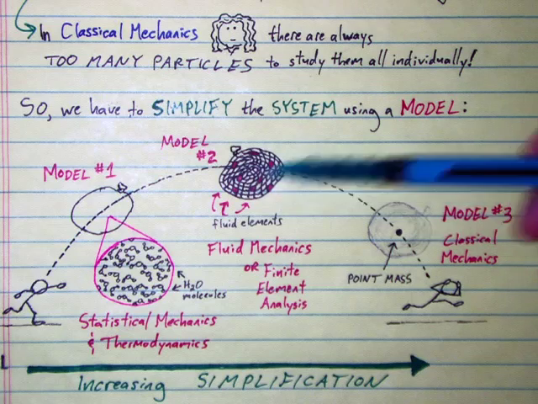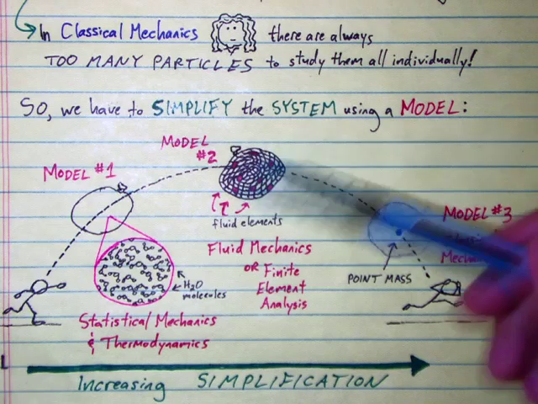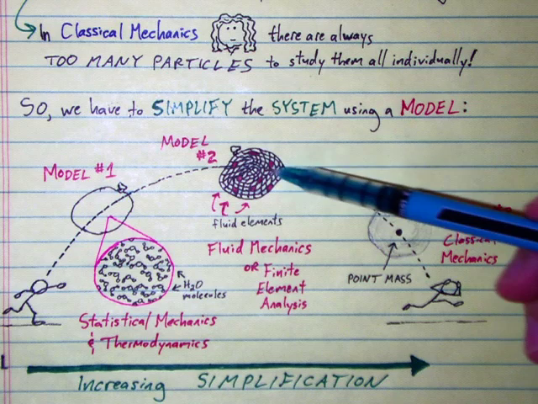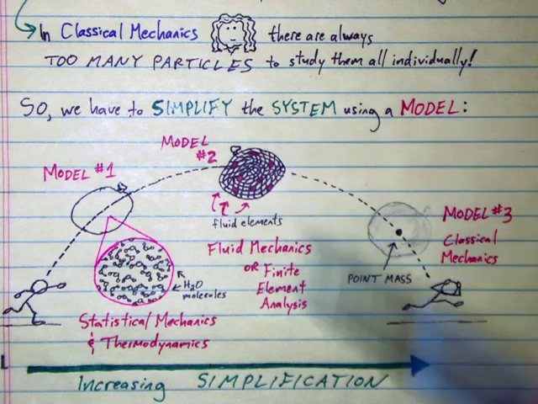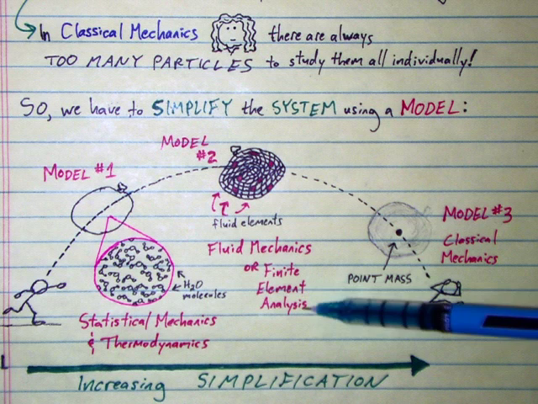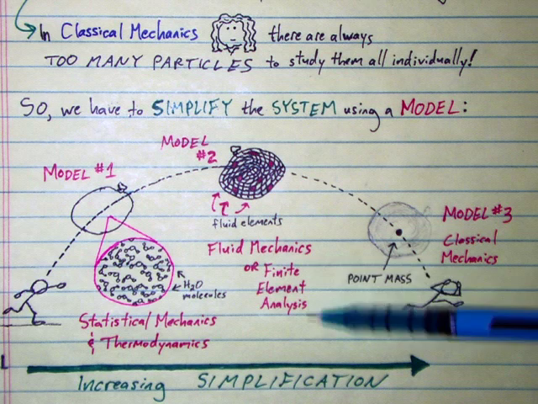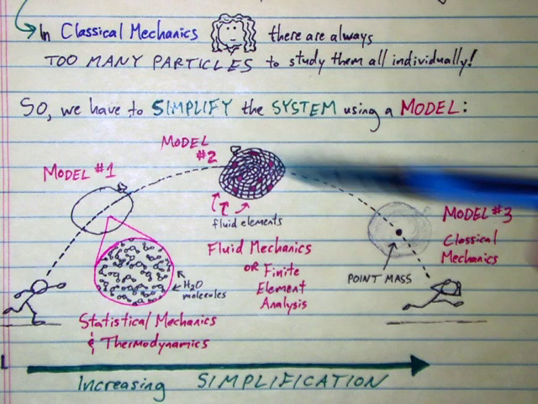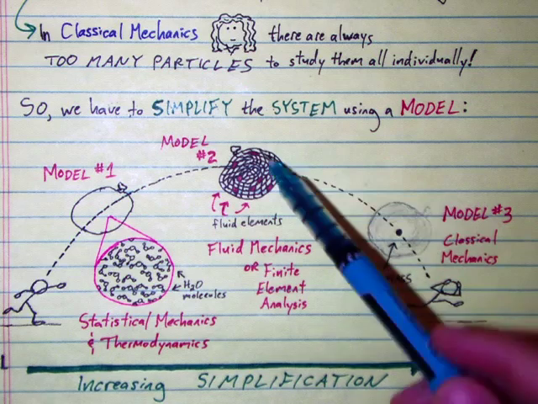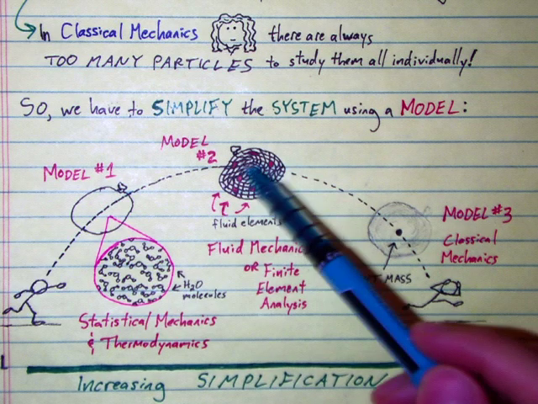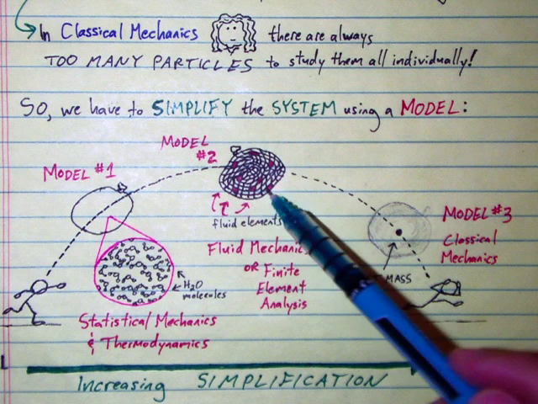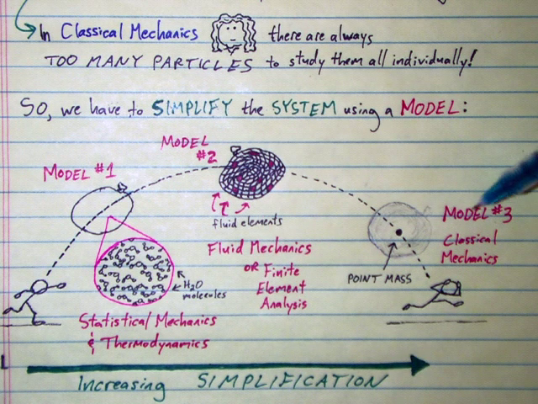Or if this weren't a fluid, if it were a solid object and we divided it up into little tiny pieces like this and studied it one piece at a time, we would call that finite element analysis. This is a very common procedure in engineering. That's our second model. So we simplified it by, instead of looking at zillions of molecules, looking at just millions of little pieces.